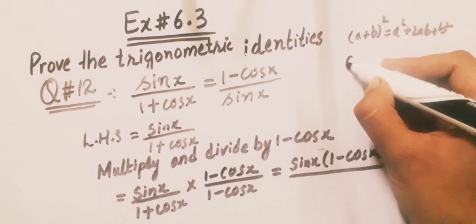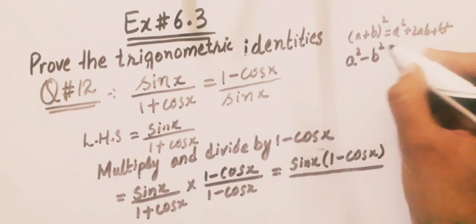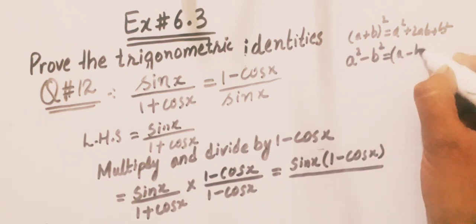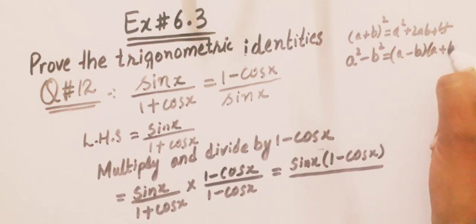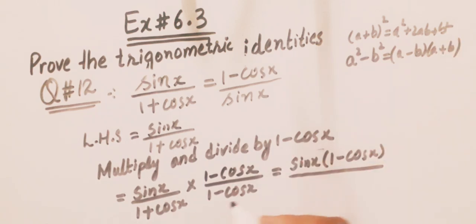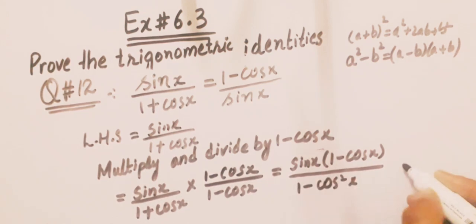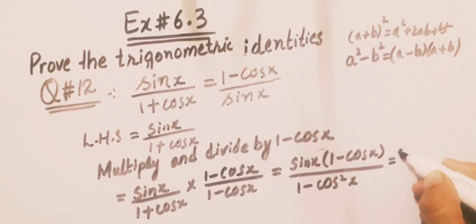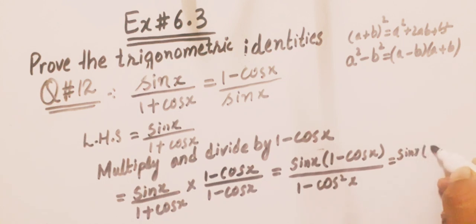Here we apply the formula a² − b² = (a − b)(a + b). So (1 + cos x)(1 − cos x) will become 1 − cos² x. This is equal to sin x into (1 − cos x) by (1 − cos² x), which is equal to sin² x.